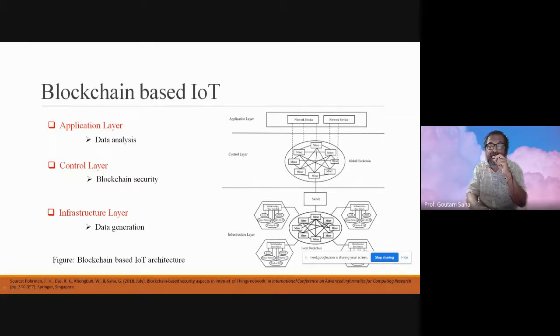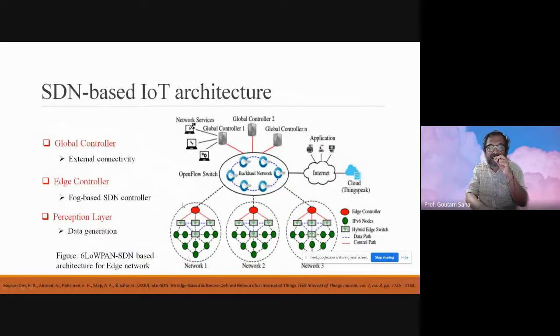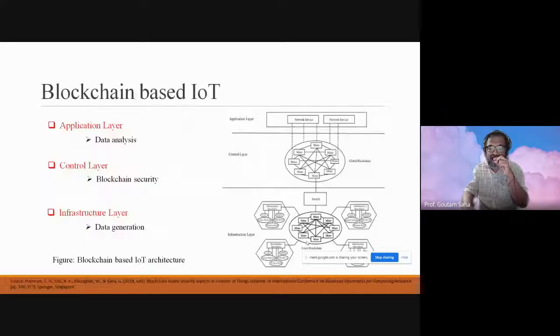So one node is one particular hexagon. This is Eastern Railway. This is Southeastern Railway, like that. Now, what is the security group? They are connected to a system of small computers. They are called miners.